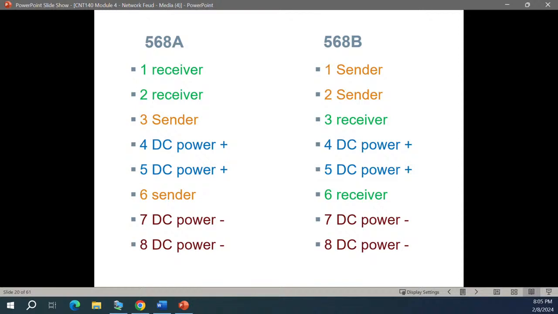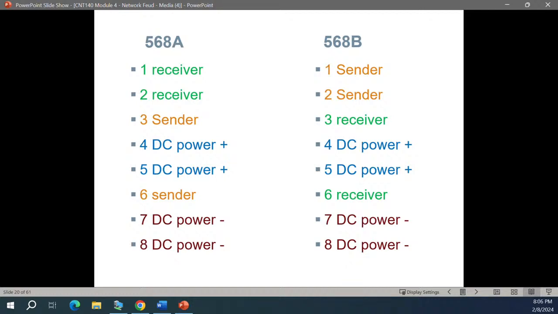So this is what these colors are doing. This is like what their job is. So the first, when we have the white green and the green, these are receivers. They split the oranges, which are the senders. In the middle are the DC power, which really isn't used unless you're doing Power over Ethernet, which we don't use.